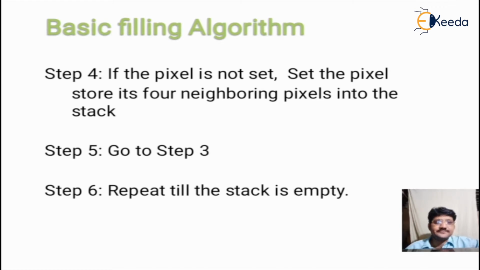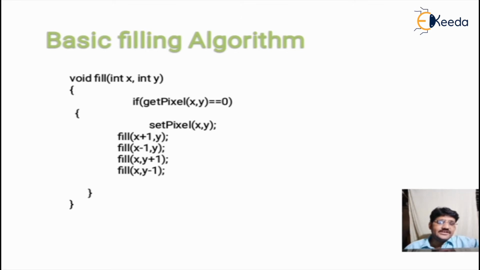After this, again we go to step number 3 and repeat these steps until the stack is empty. That is, there should not be any pixel in the stack. When the stack is empty, the area will be fully colored.